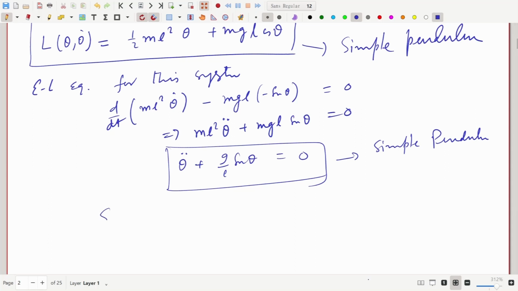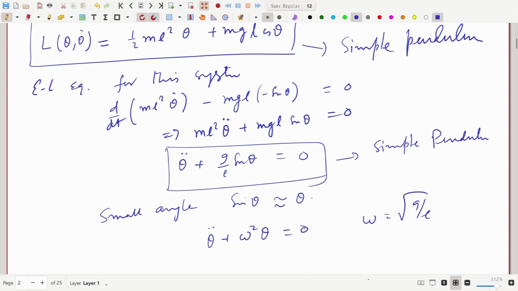So for a small angle, in radian measure, sin θ can be approximated as θ, and you can have a harmonic oscillator equation of motion where ω is root g by L. So the frequency of oscillation is ω, which is nothing but √(g/L).